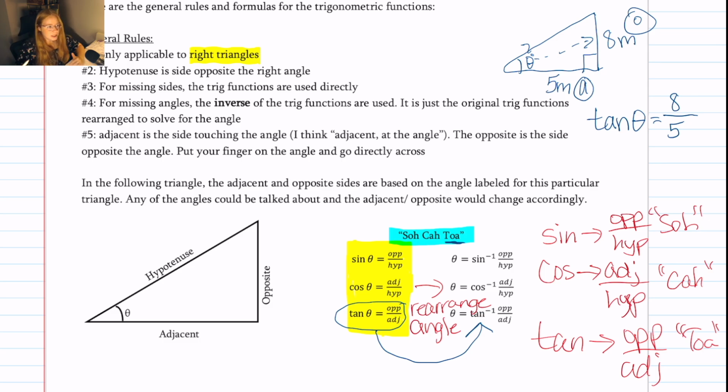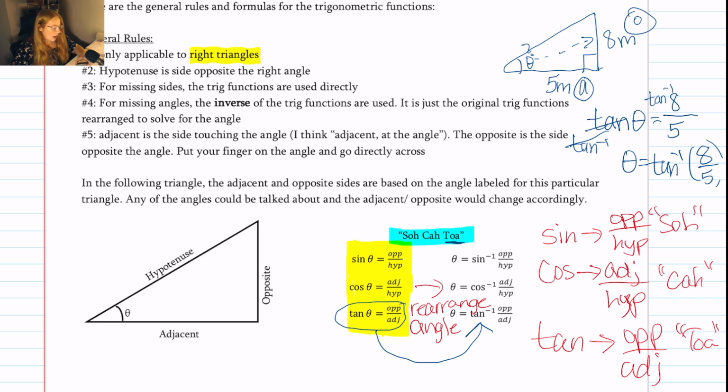Well, the opposite of doing tangent is doing the inverse tangent. So I'm going to do the inverse tangent on both sides, and that gets rid of tangent on the left. So if tangent's gone, I only have theta. And then on the right-hand side, now I have tangent inverse, and then I have 8 divided by 5 that I'm going to put in that tangent inverse function.